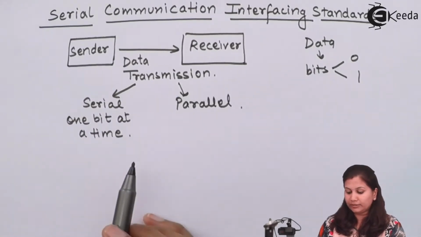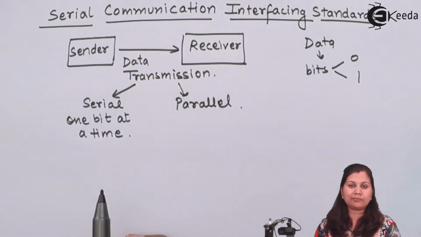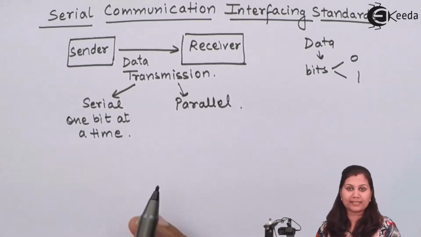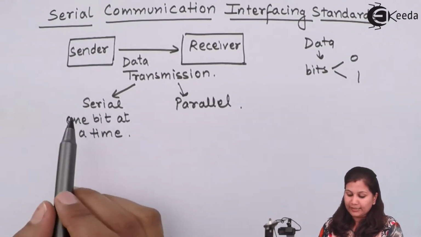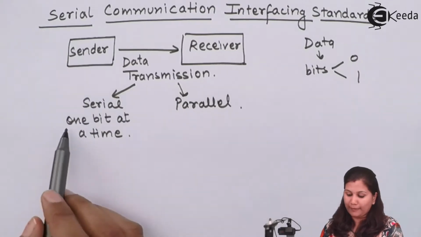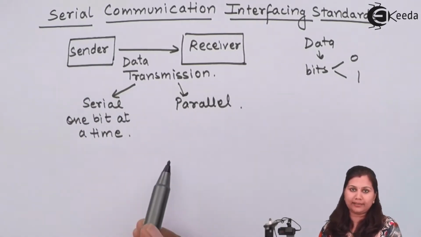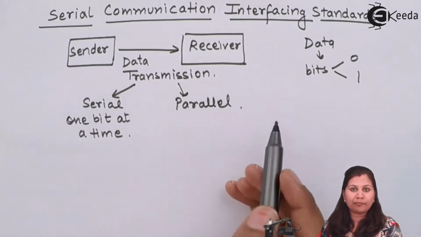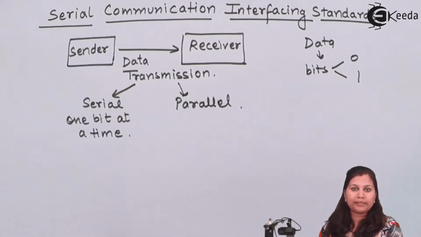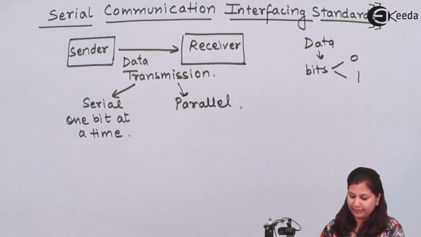So in the form of zeros and ones, the computers, microprocessors and telecommunication devices interact with each other. If data transmission is taking place in such devices, then in the case of serial transmission, one bit will be transmitted at a time, whereas in parallel, all the bits are transmitted simultaneously.